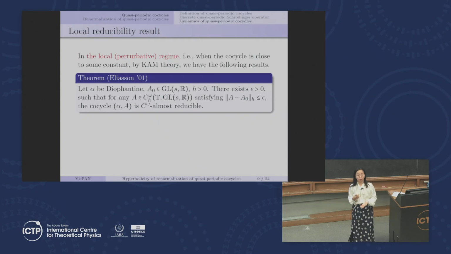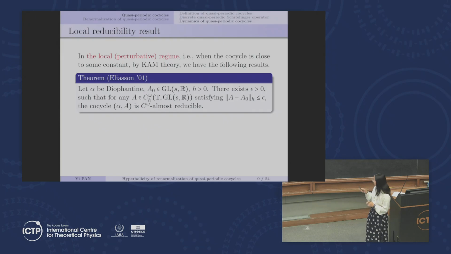And the first local result is by KAM theory. So when in the perturbative region, when we are close to some constant, KAM theory may apply. In the quasi-periodic cocycle case, the study dates back to Dinaburg-Sinai, and the one we will cite later is given by Eliasson.